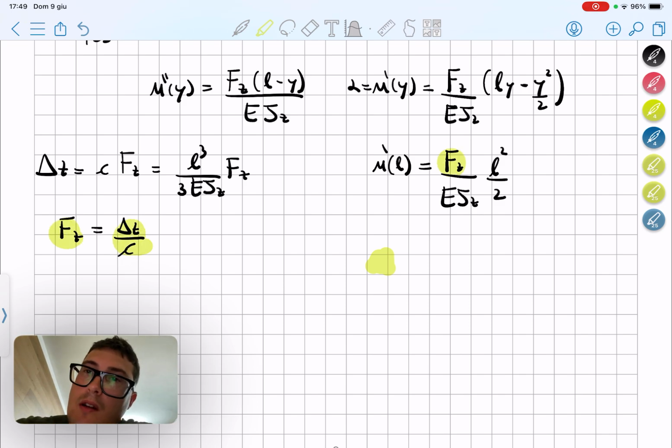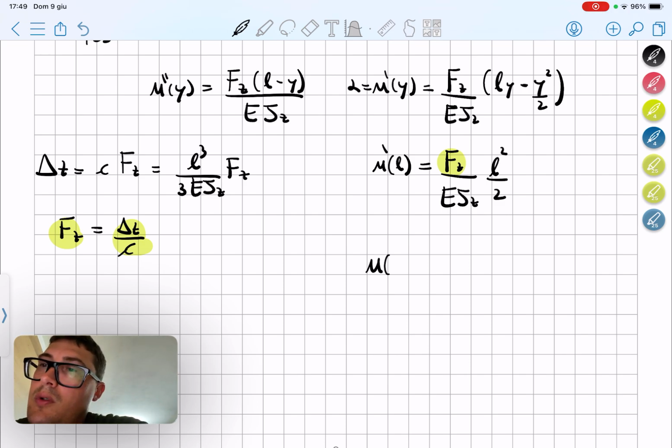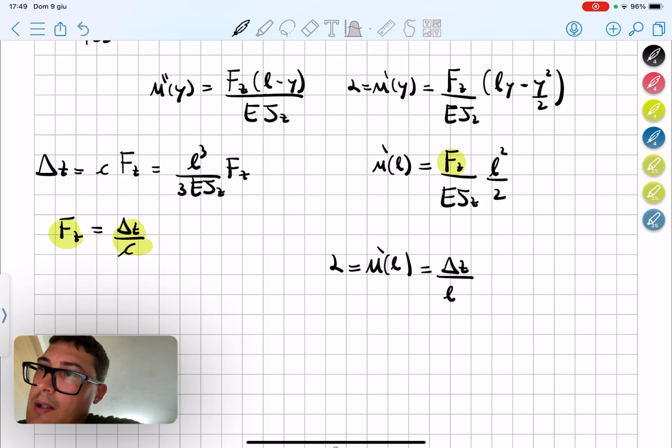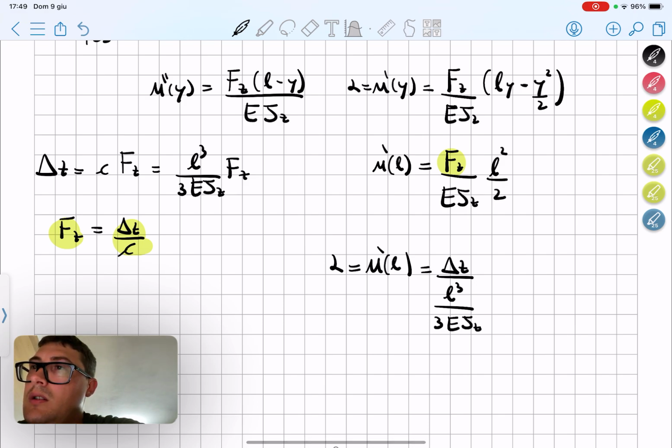We use this one. So we have u prime at L, which is our alpha, equal to delta z over c, but c is L cubed divided by 3 EJ_z, times L squared over 2 EJ_z.